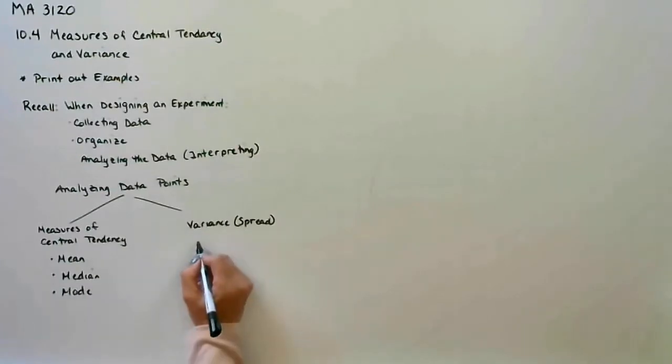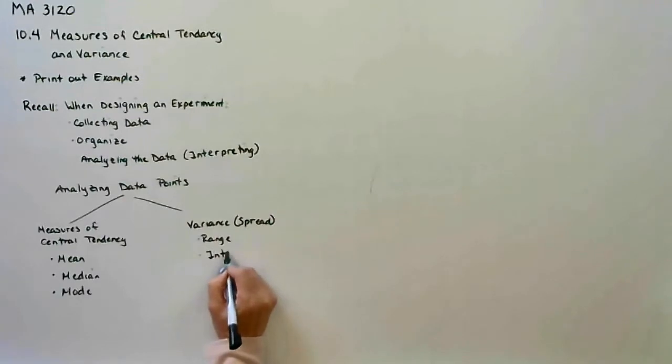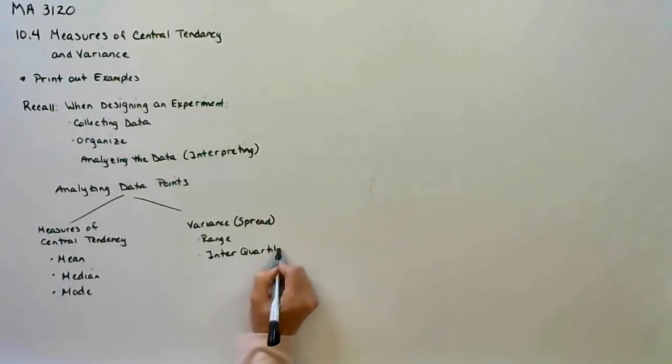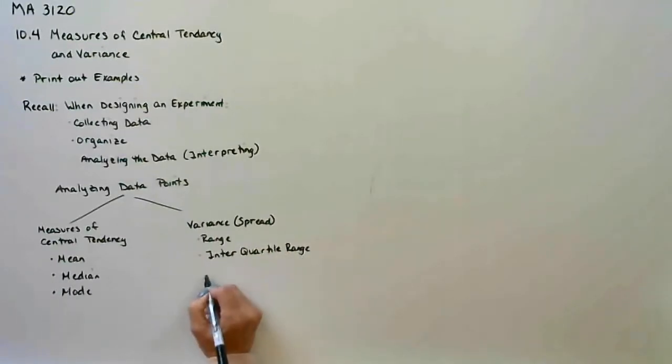So we'll be talking about words like range. We're going to be looking at quartile range or inner quartiles. So we're going to talk about what a quartile is. And then we're going to be taking a look at what's called standard deviation.